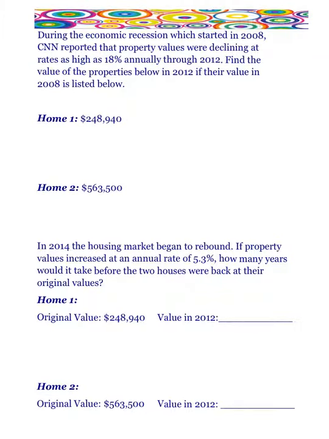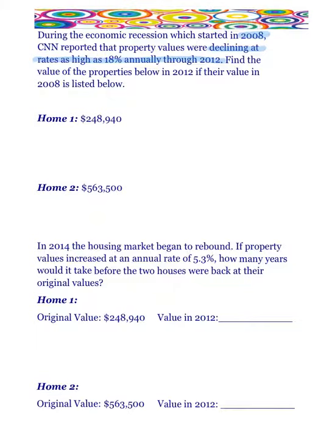All right, so during the economic recession, which started in 2008, CNN reported that property values were declining at rates as high as 18% annually through the year 2012. So starting in 2008, the property values were declining at rates as high as 18% annually through 2012.